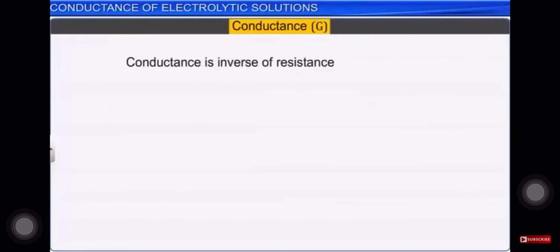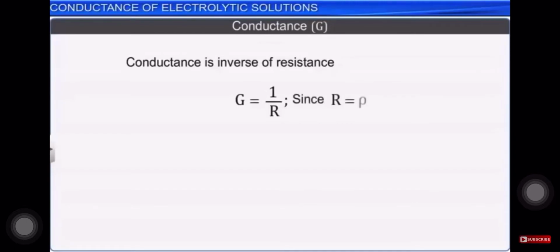Okay, so moving towards the next term, that is conductance, G. Conductance is the inverse of resistance. Resistance will stop the flow of current, whereas conductance will accelerate the flow of current, right?